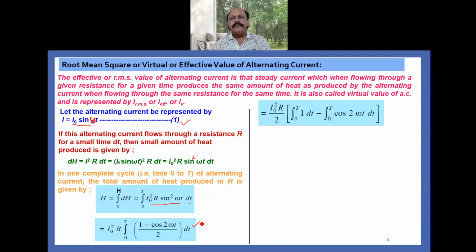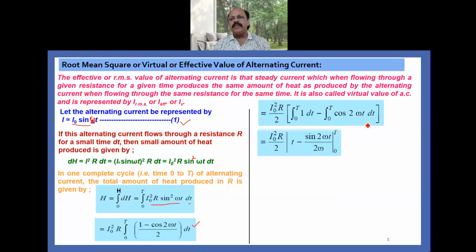Now we take the 2 outside, so I naught square R upon 2, and within the bracket we separate it: integral 0 to T 1 dt minus integration 0 to T cos 2 omega t dt. Similarly, as you have done earlier for sine 2 omega t, you do here the integration for cos 2 omega t.